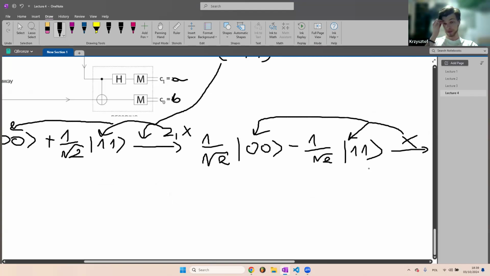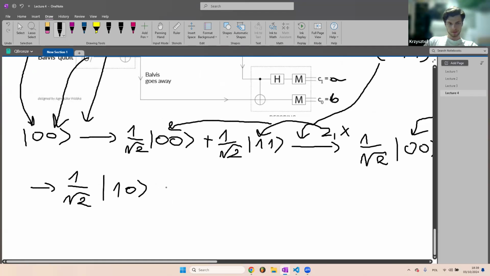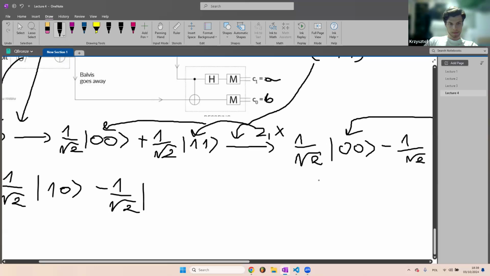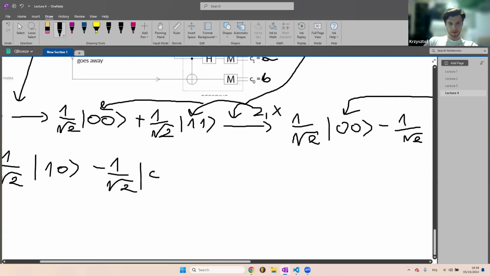So we have now 1 over square root of 2 times 1, 0, plus minus 1 over square root of 2 times 0, 1.